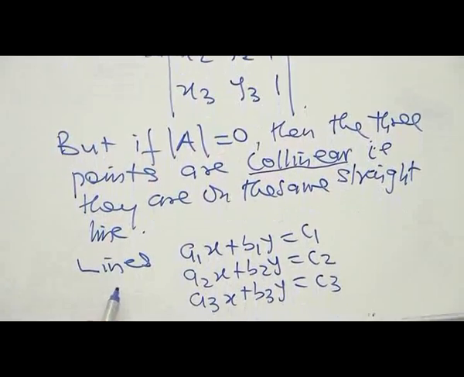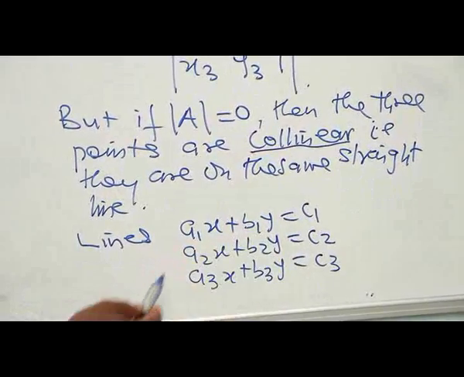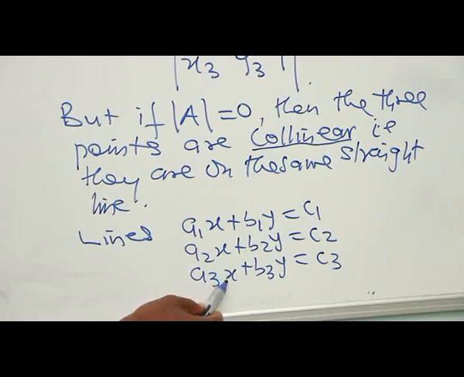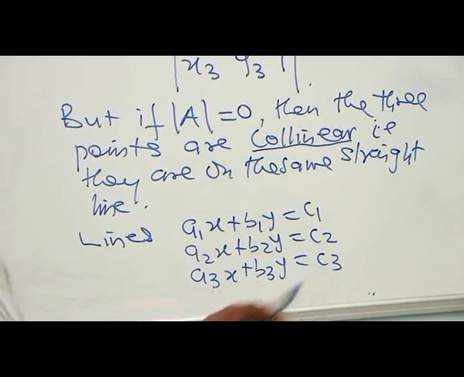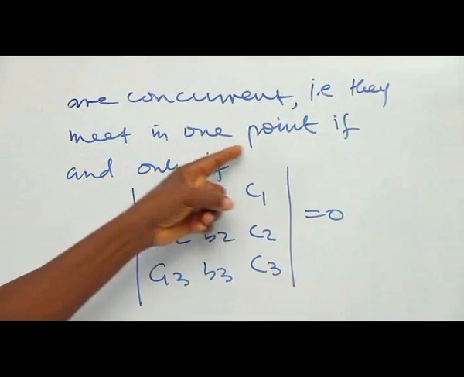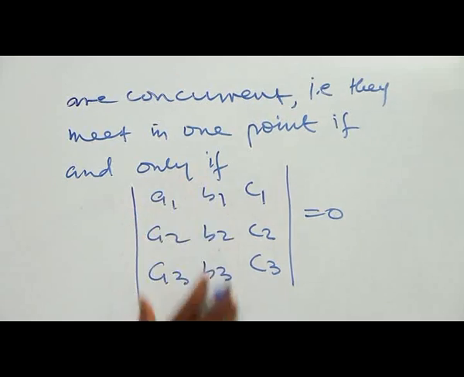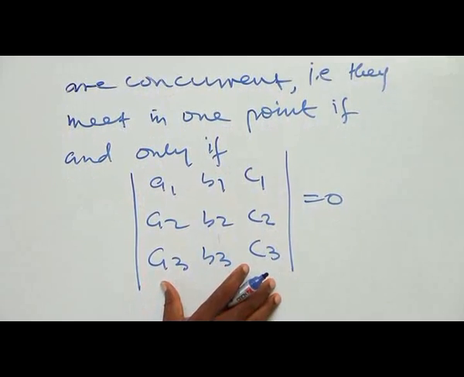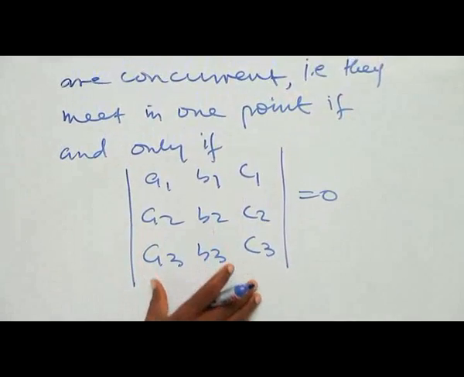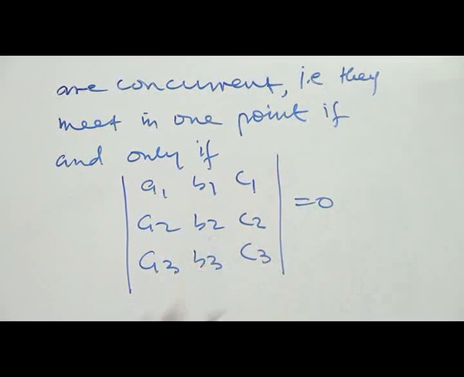Now, the lines such as a1x plus b1y equal to c1, a2x plus b2y equal to c2, a3x plus b3y equal to c3 are concurrent, that is, they meet in one point, if and only if the determinant of the constants is equal to 0.